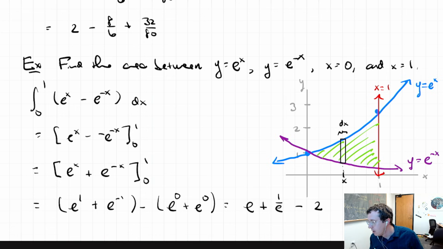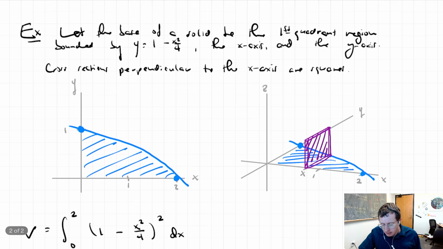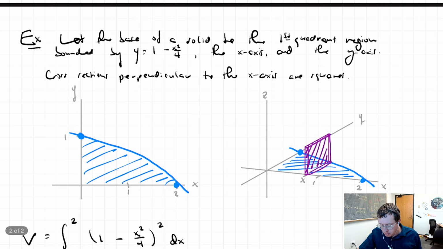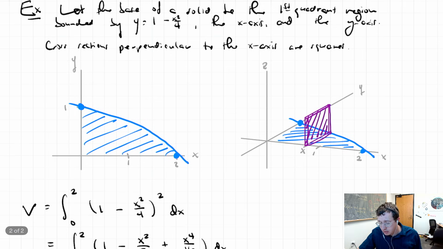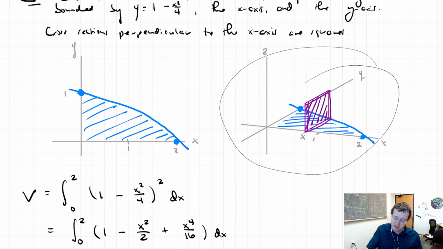What do I think are the hardest topics for the test? That's a deeply personal question. I don't know, it just depends what you find challenging. For example, these volumes with cross sections can be hard to just think through the setup because it involves thinking about something in 3 dimensions.